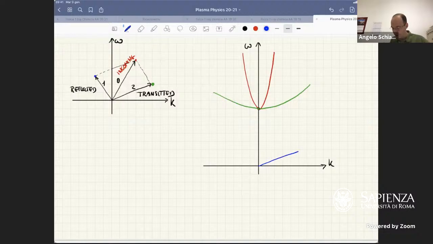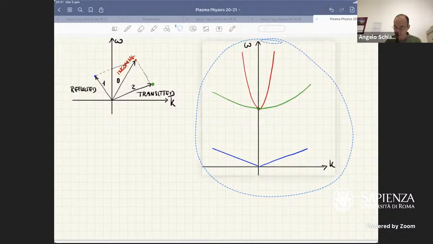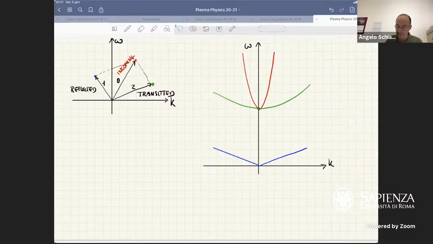Let's draw them like that. So let's give them names. And first of all, let me copy it, so I'm going to use it as it is later on. Copy. Okay.